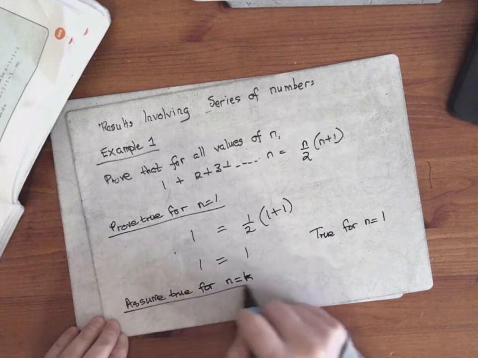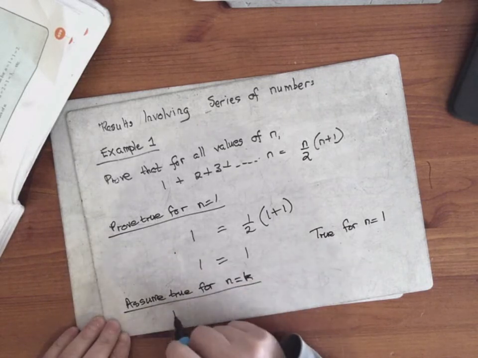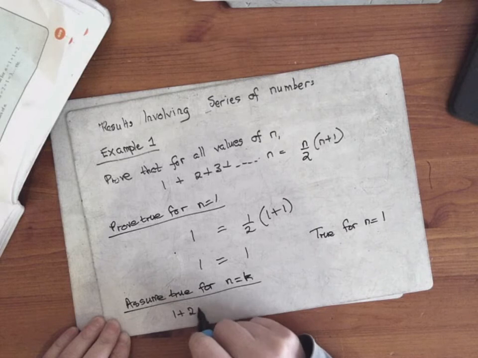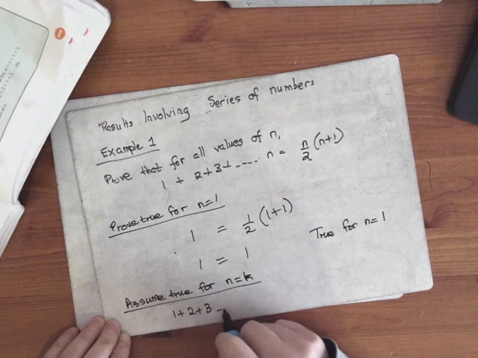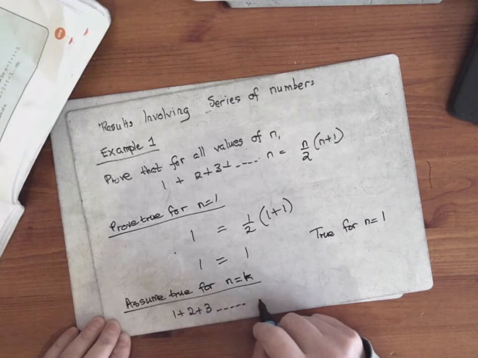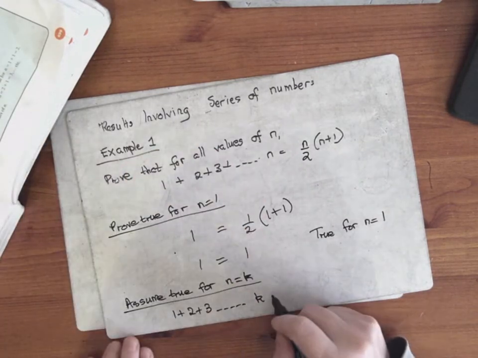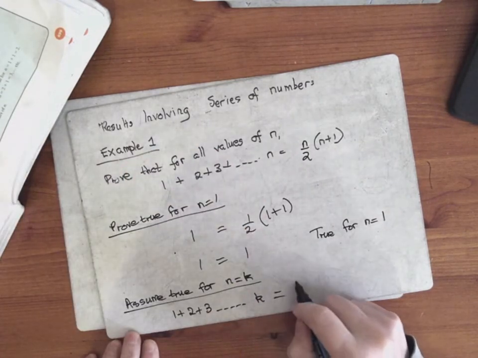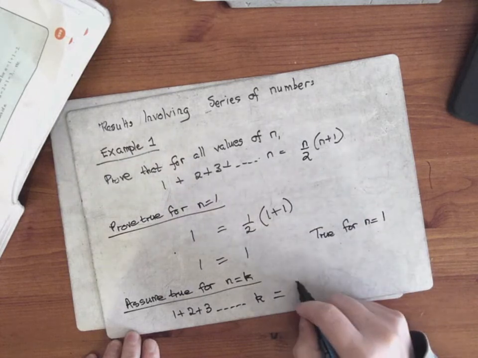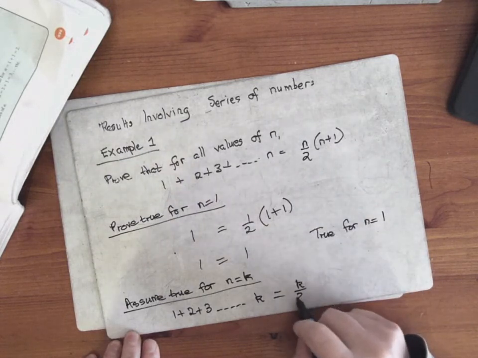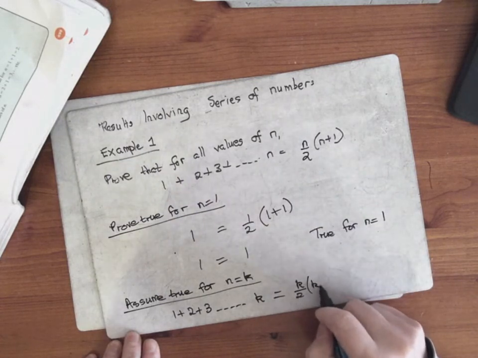That means 1 plus 2 plus 3 all the way up to k, instead of n I'm writing k, equals k over 2 times k plus 1.